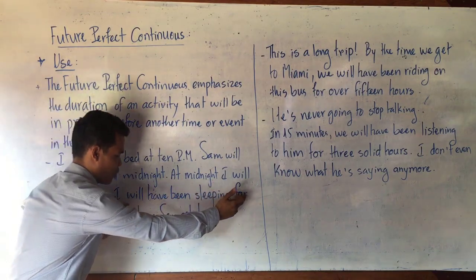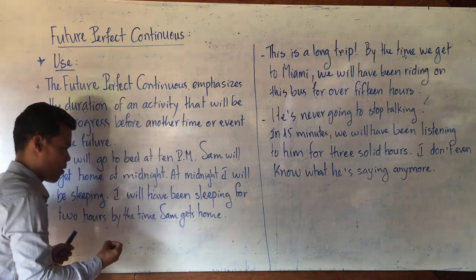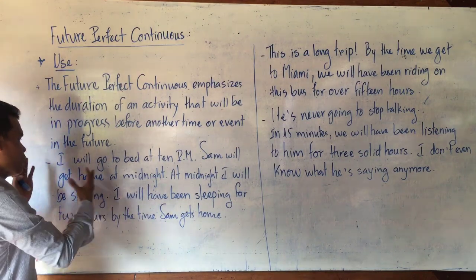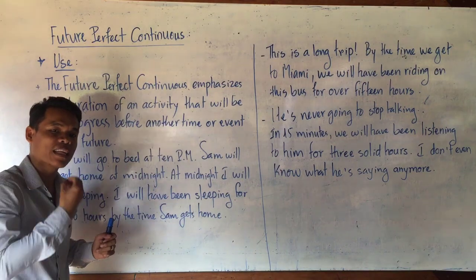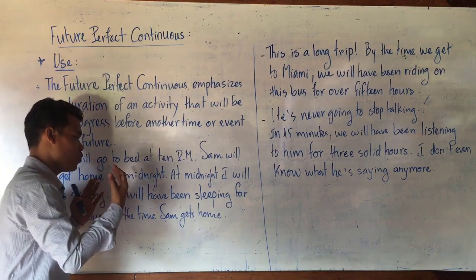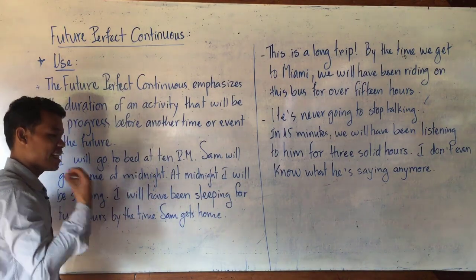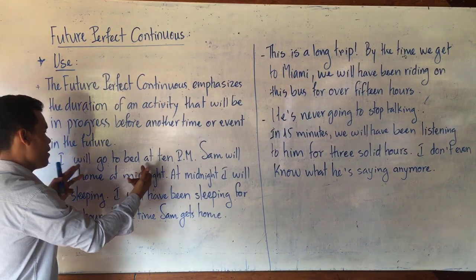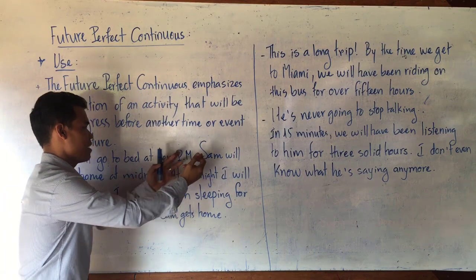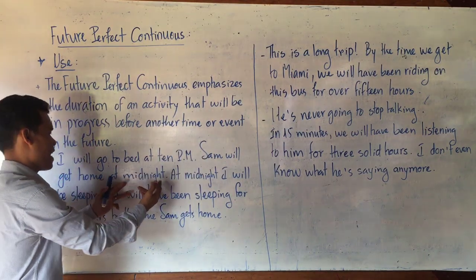But in order to get this example, we have to use the situation to explain the meaning to you. Again, I will go to bed at 10 p.m. Sam will get home at midnight.